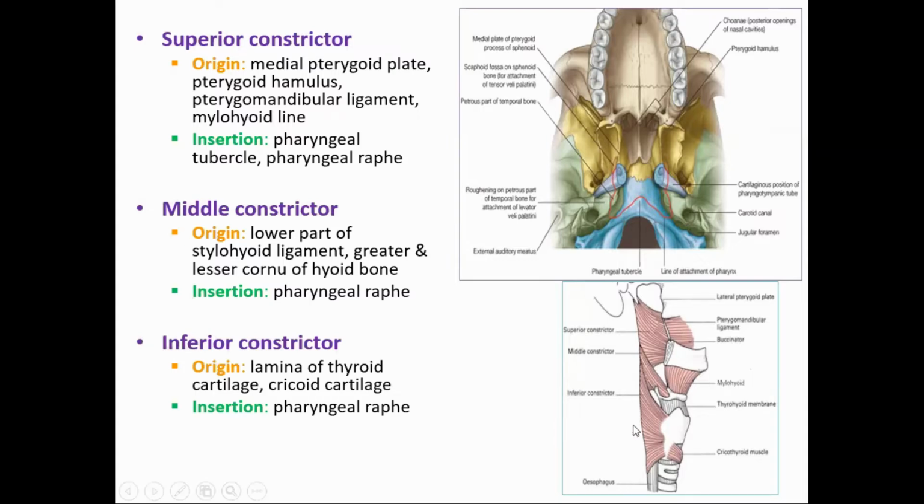So the inferior constrictor has two parts: the thyropharyngeus part and the cricopharyngeus part. The junction of the thyropharyngeus and the cricopharyngeus is the weakest part of the pharynx.